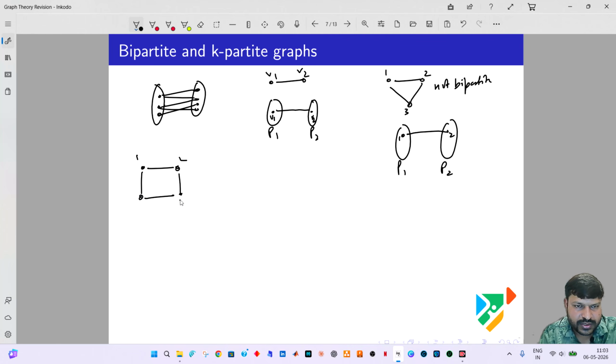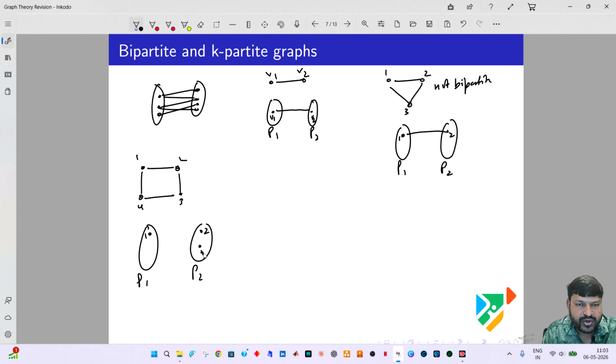1, 2, 3, 4. Is it a bipartite graph? Let's figure out. This is your part 1. This is your part 2. Put vertex 1, without loss of generality, in part 1. Where will vertex 2 go? 2 is adjacent to 1, so it will go here. Where will vertex 4 go? 4 is adjacent to 1, so it cannot belong to part 1, so it must go to part 2.